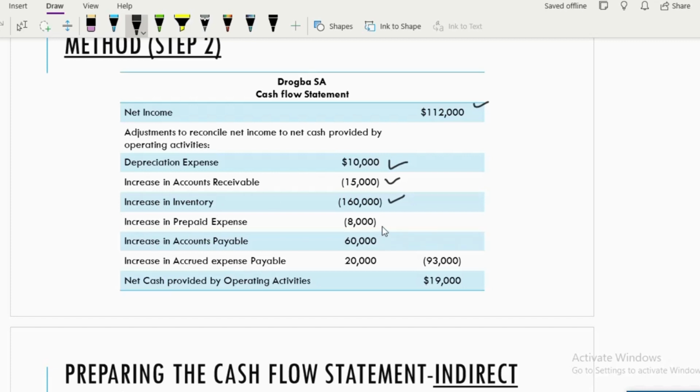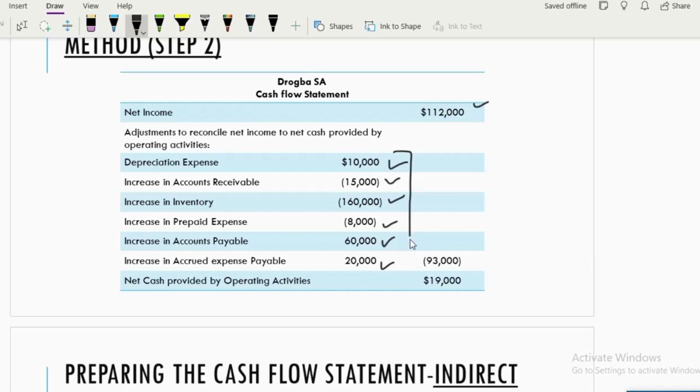Increase in prepaid expenses, we paid some expenses in advance, so we're going to minus it. Increase in accounts payable, some of the goods which are sold, for that we didn't pay the money, so add it back. And accrued expenses are increasing, so it means the operating expenses which you mention in the income statement and deduct from it, you actually didn't pay for, so add them back so their effects are gone.